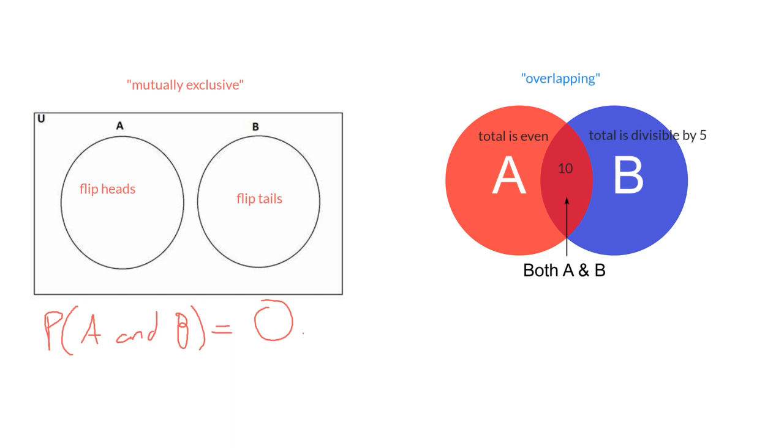So for this one, the P of A and B does not equal 0. By the way, whenever I write a P, that means the probability of the stuff, right? And A and B refers to them both happening at the same time, which is possible with an overlapping event and impossible with a mutually exclusive event.